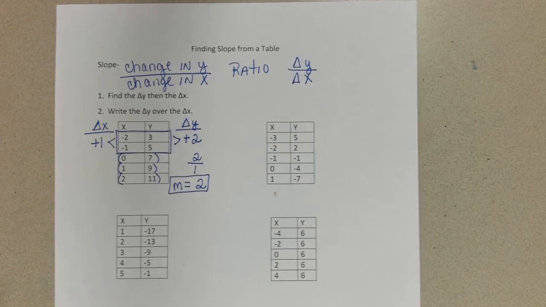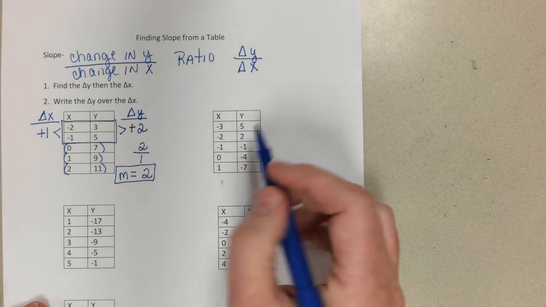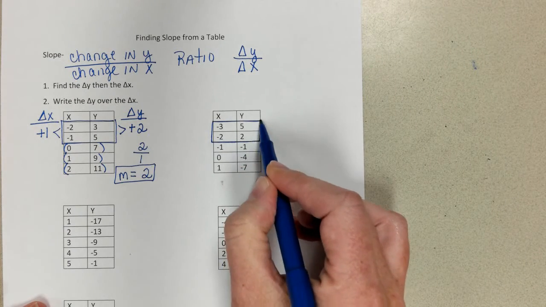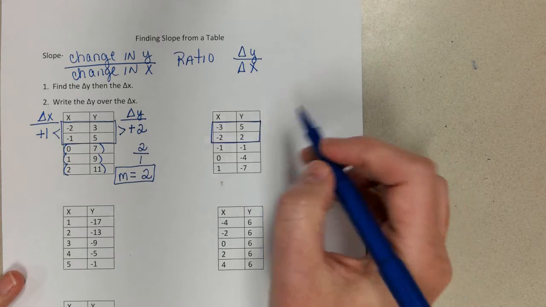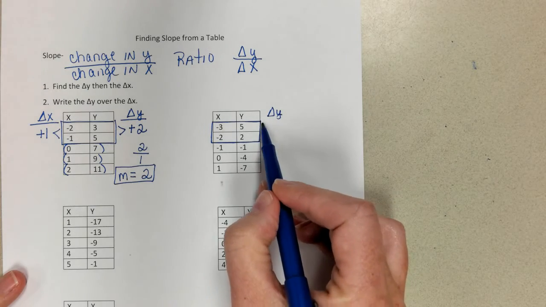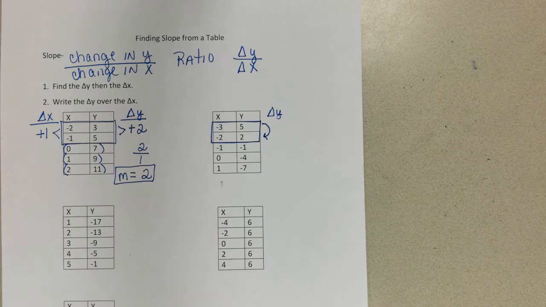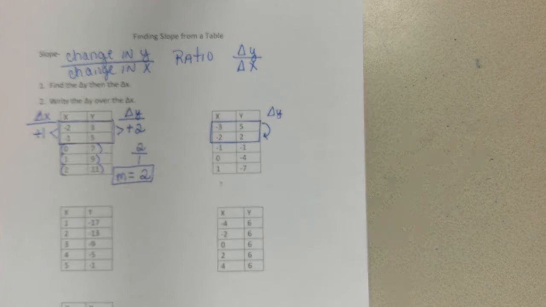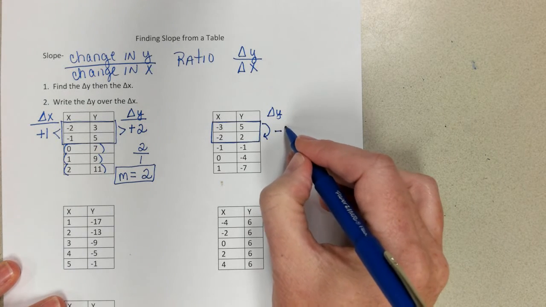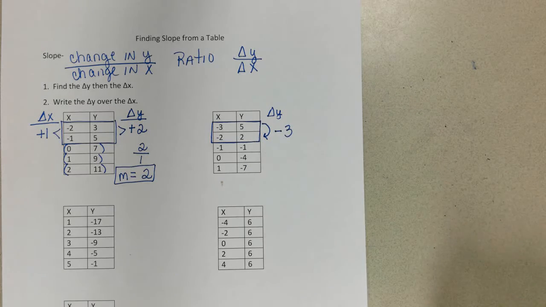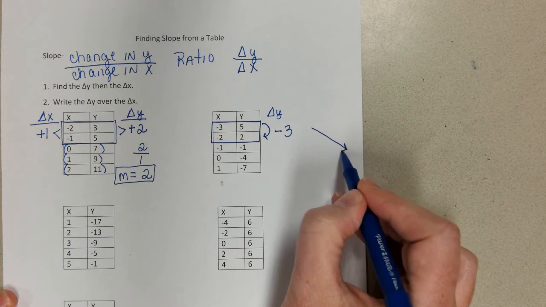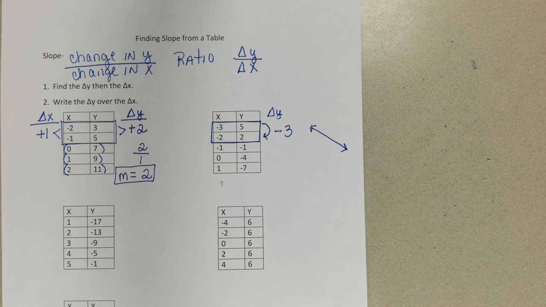Okay, let's look at the next one. I'm still just going to choose the first 2 points, but in a minute we'll look at choosing some different points. So again, let's find the change in our y values. What are we doing to get from 5 to 2? We are subtracting 3, and that's really important because remember yesterday we talked about that negative slopes are angled this way.